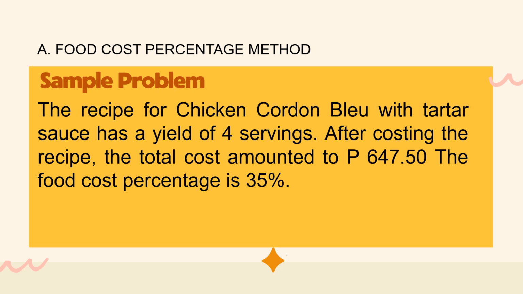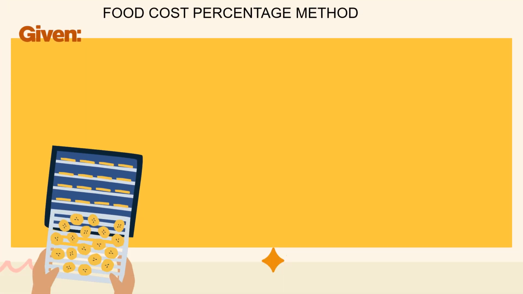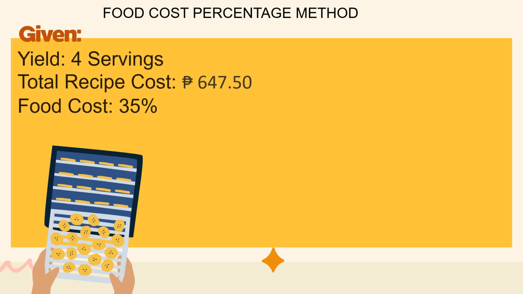The food cost percentage that we will add is 35%. So the givens in the sample problem are: yield, 4 servings; total recipe cost, 647.50; food cost, 35%.